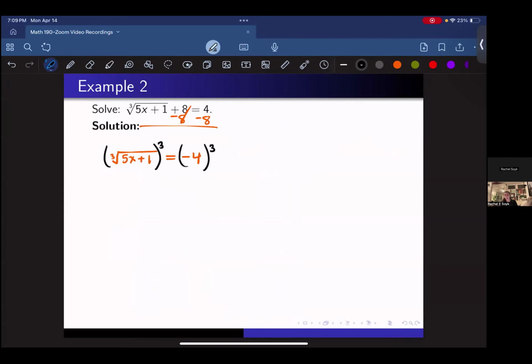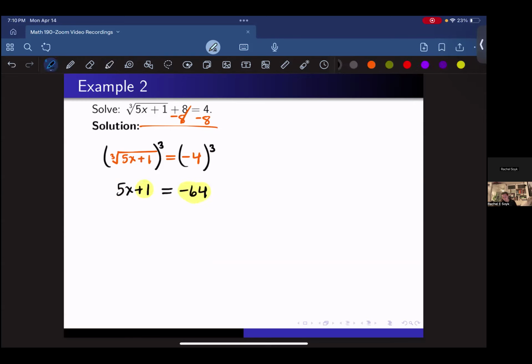So now it's going to be to the third power. That gets rid of that cubic root. So now we're just looking at 5x plus 1 on that left-hand side. And then -4 raised to the third is just, well, 4 times 4 is 16, and 16 times 4 is 64, but we can't forget about that negative. Gives us -64.